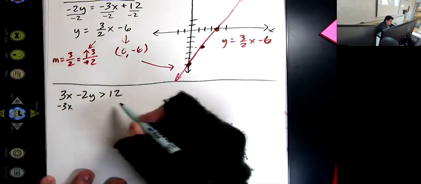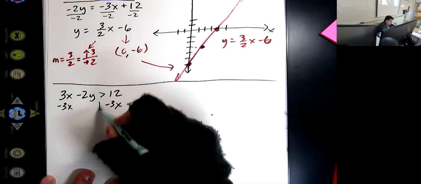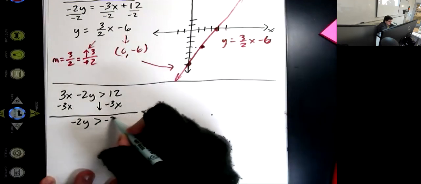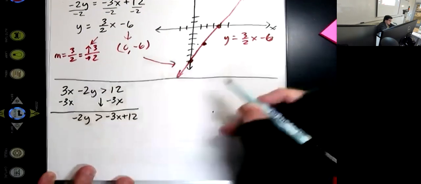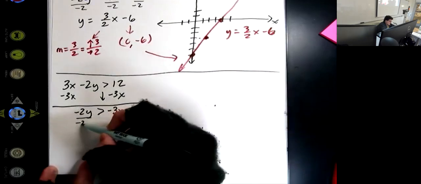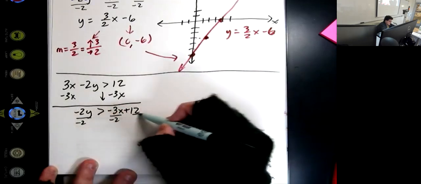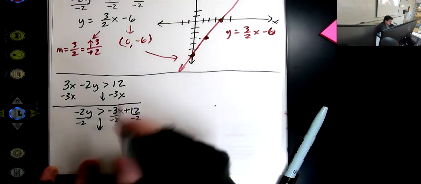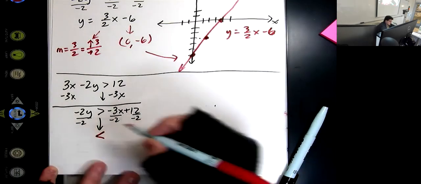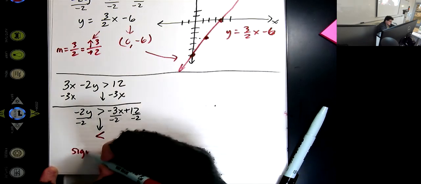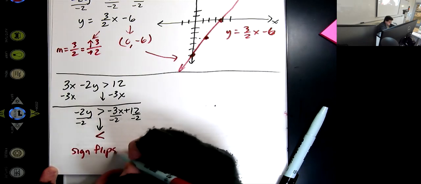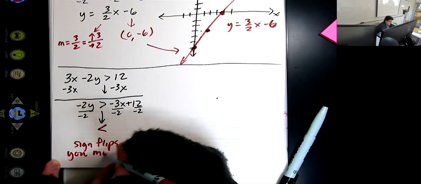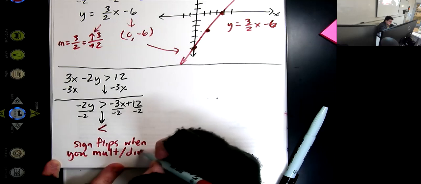We treat it like it's equal up to a given point. When you divide by a negative number with an inequality, the sign flips. Multiply or divide by a negative.